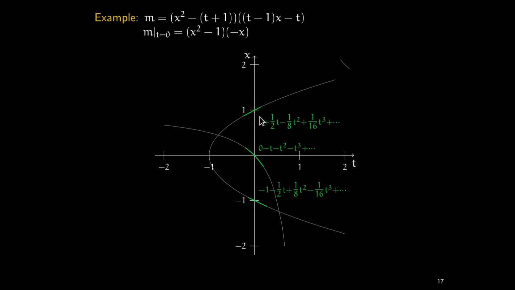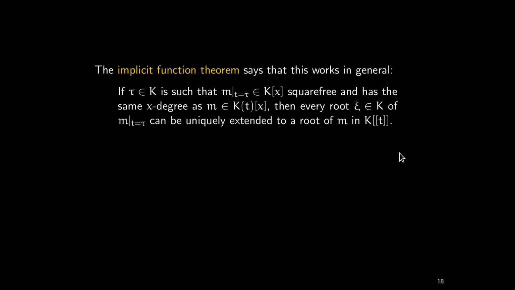The question is now, how can I go from these roots of this m0 to the power series expansions that give rise to the roots of m. And you know this already from your very early calculus education. This is called the implicit function theorem. You may have seen this in the context of real analysis, but it works also formally. And here's the statement.